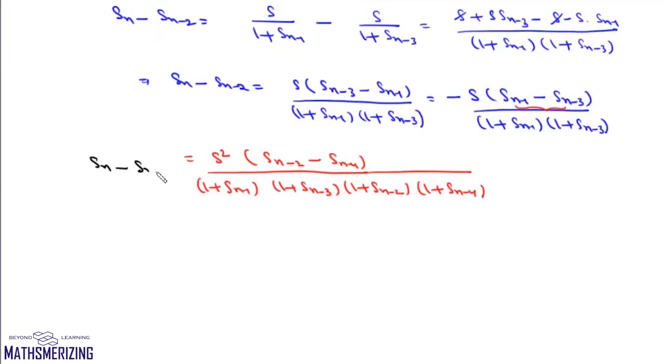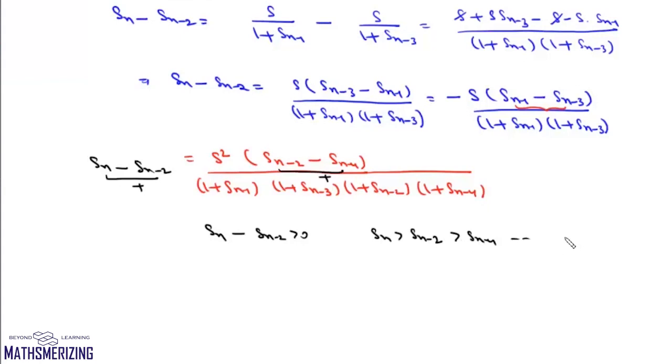Now if we look at this result, S_n minus S_{n-2}, if this is positive, then S_{n-2} minus S_{n-4} will also be positive. In the same way, S_{n-4} minus S_{n-6} will also be positive. Then in that case, S_n minus S_{n-2} will be greater than 0. That is, S_n will be greater than S_{n-2} will be greater than S_{n-4}.